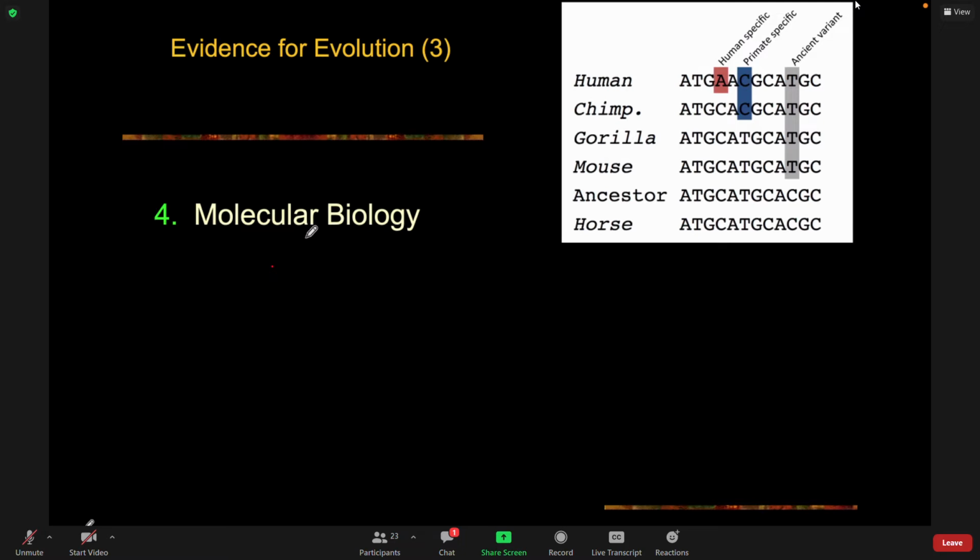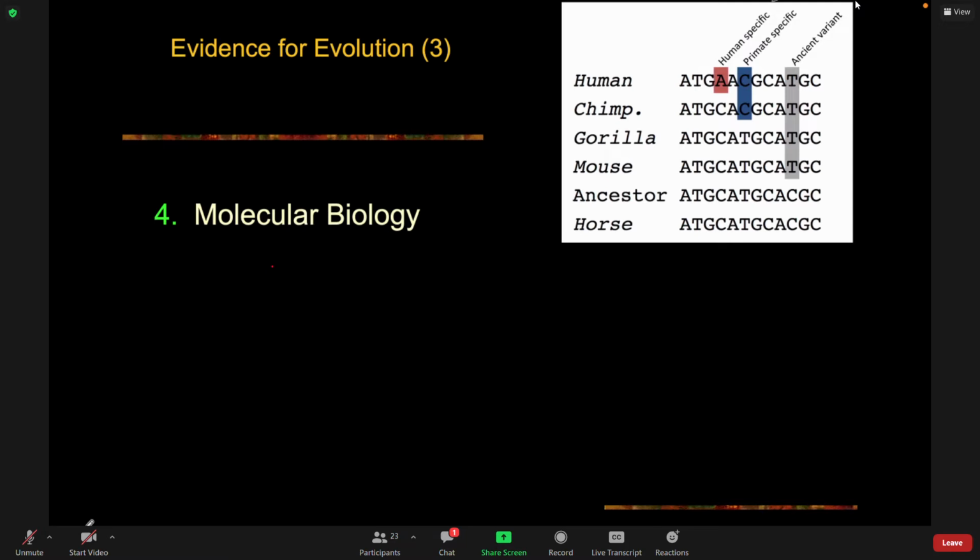And it has been an area that has been really accelerating. This gives good evidence of evolution, because any two species that are more closely related to each other have fewer differences in the amino acid sequence of their proteins and fewer differences in the base sequence of their DNA when we compare certain genes.